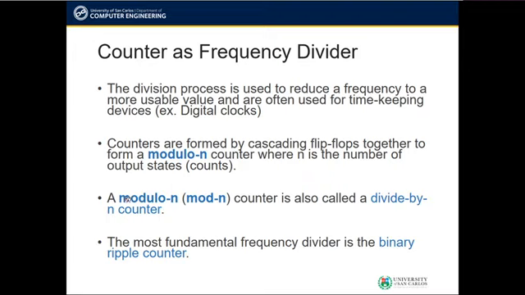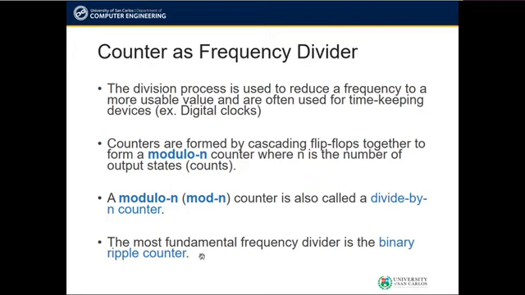With that, a modulo n or mod n counter is also called a divide by n counter. This means that in order to divide a given frequency by, let's say, 16, for example, you have to create a modulo 16 counter.